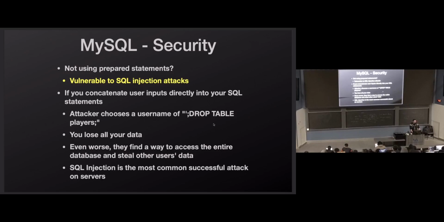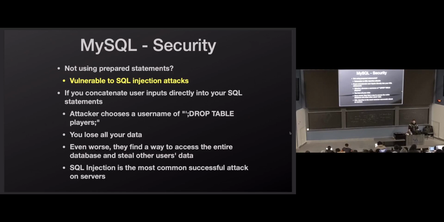They might do something much more malicious than this. If somebody's actually executing a SQL injection attack, one thing that they could do is edit their own profile, write some SQL code to edit their own profile in a user's table, and give themselves admin privileges so they can access everything on your site. And eventually they might even be able to access your server in general outside of the database and then just have full control over everything at that point.